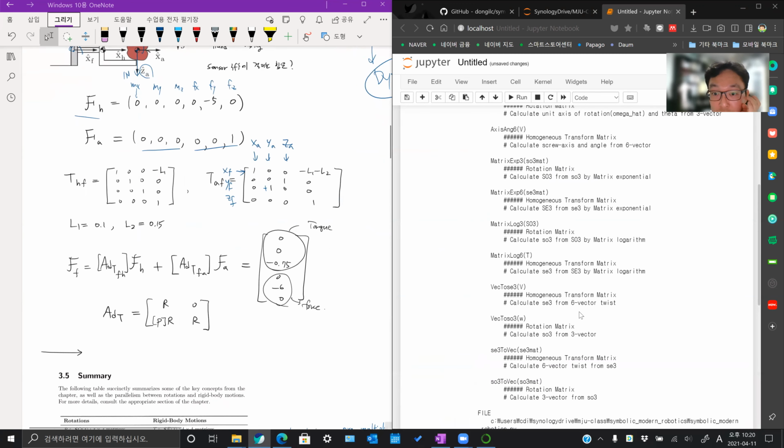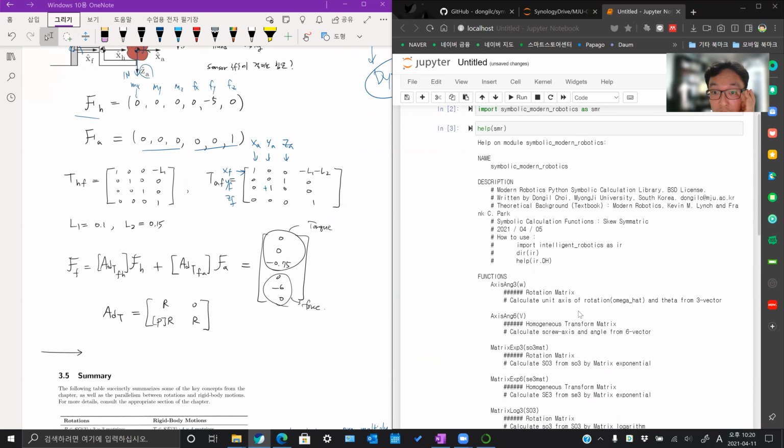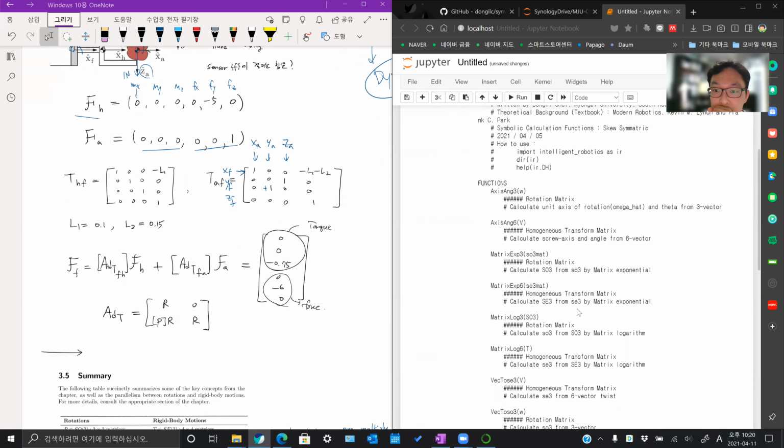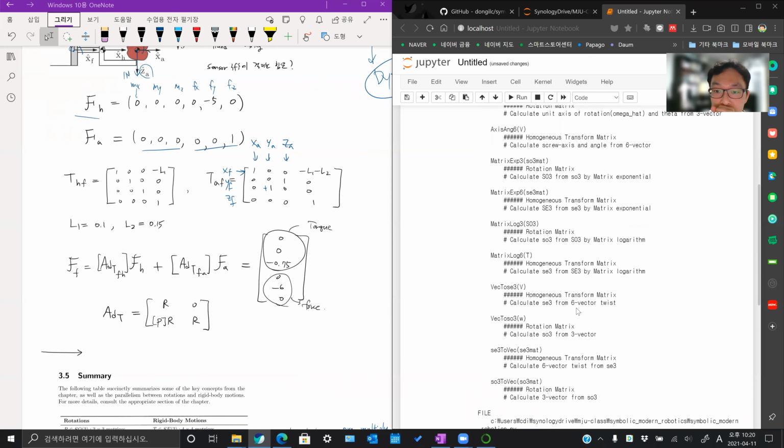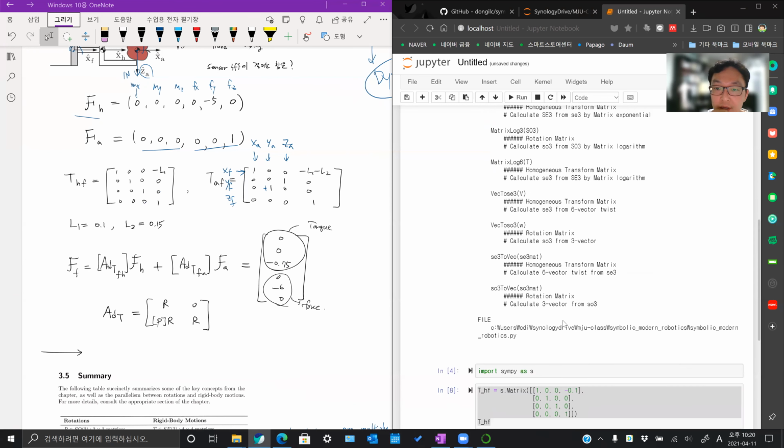To make the other joint, actually, in my symbolic calculation package, the other joint is not yet programmed.